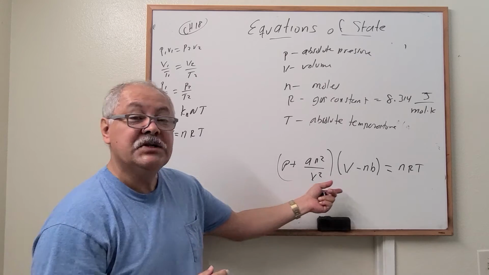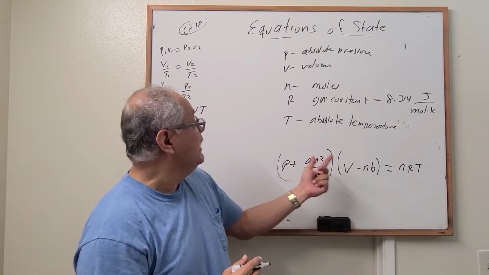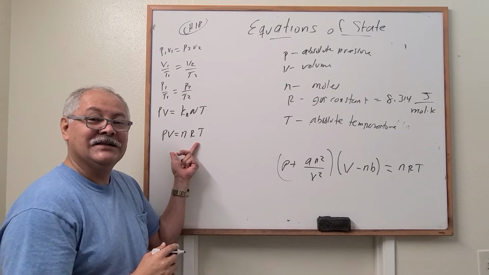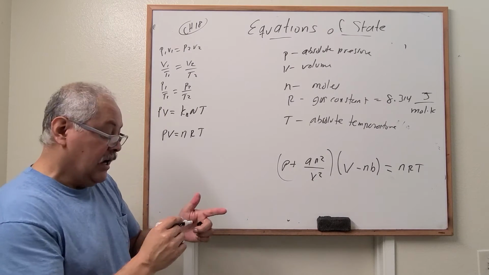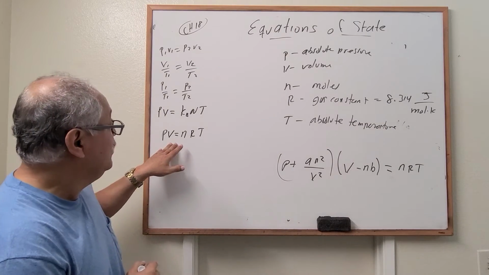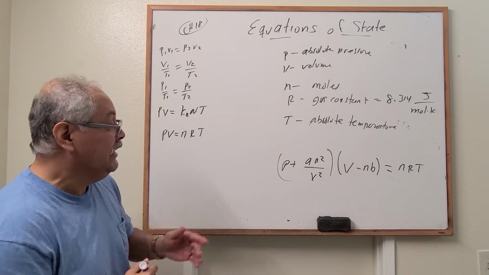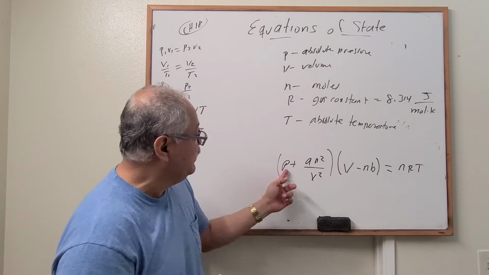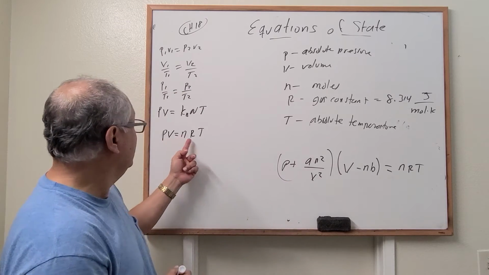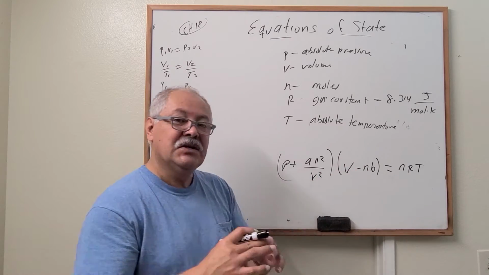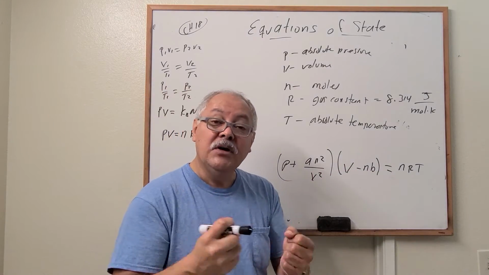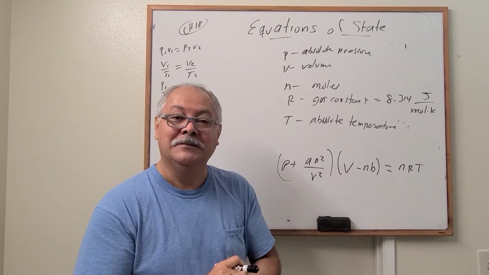This is for real gases. This is for ideal gases. Usually at this level we mainly analyze ideal gases. For real gases, again we have PV and nRT, but we have to take into account the interaction of the molecules, the volume of the molecules, and so on.